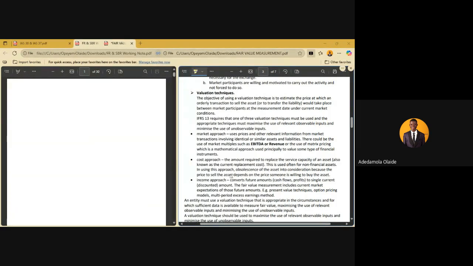What are observable inputs? Observable inputs are those inputs that are readily available and which the organization has less control over. Things like published accounts, information on stock exchange markets, amongst others. While unobservable inputs are those that are an estimate or prediction of the organization itself.